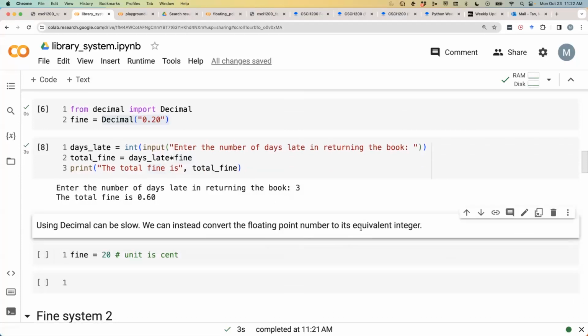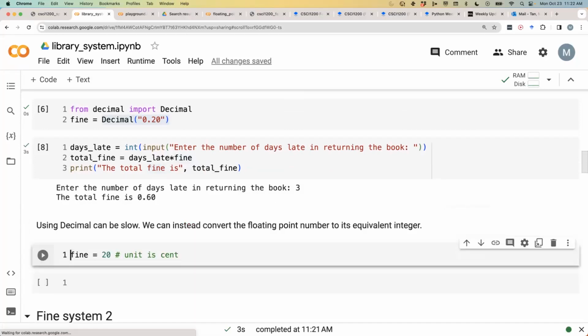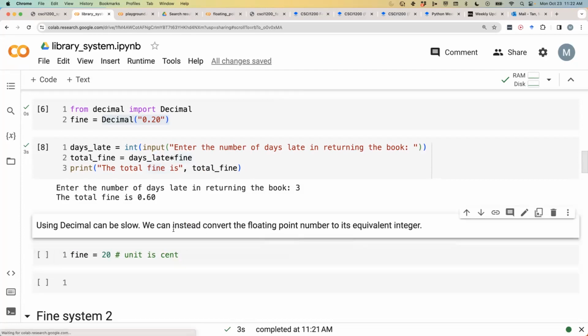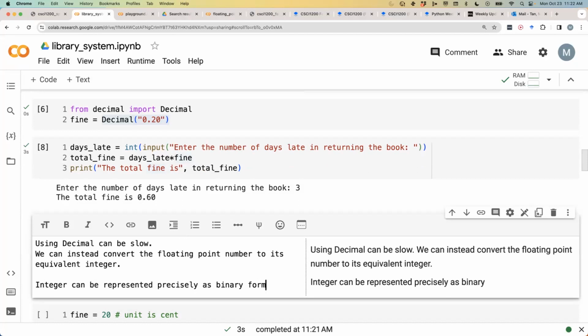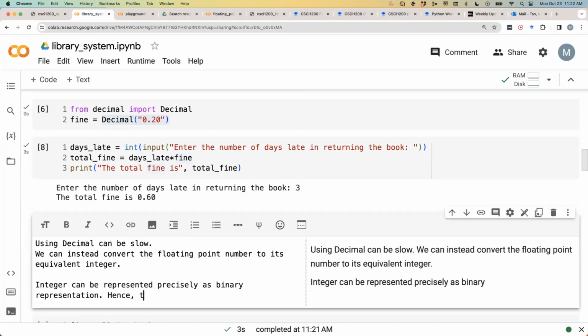Okay, so an integer can be represented precisely in binary form, binary representation. Okay, hence there is no rounding error.